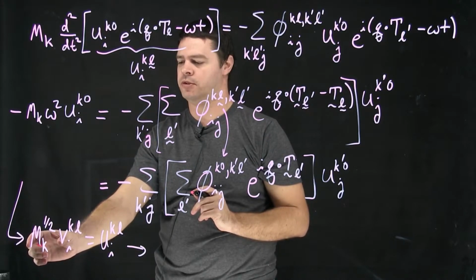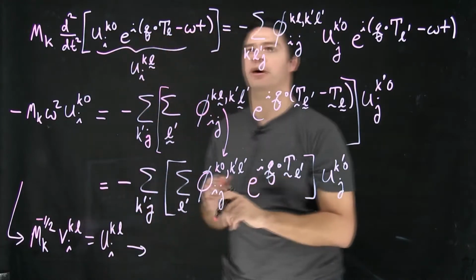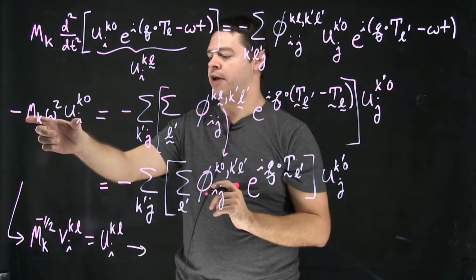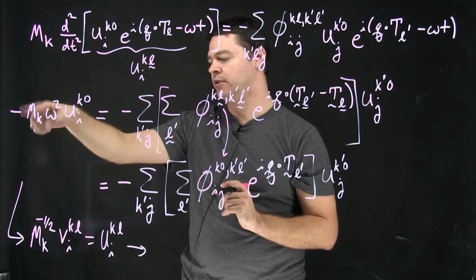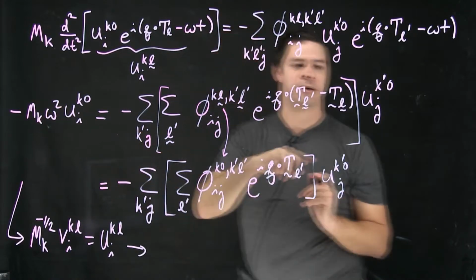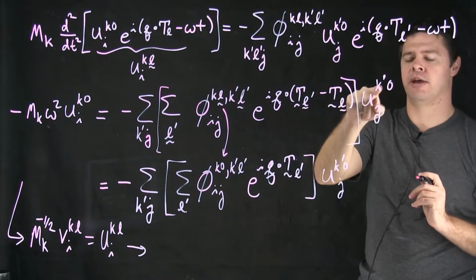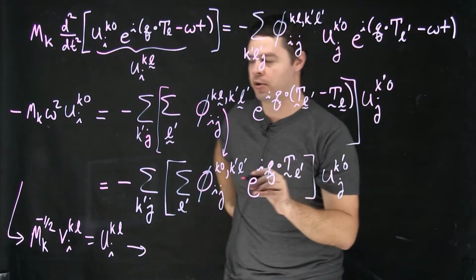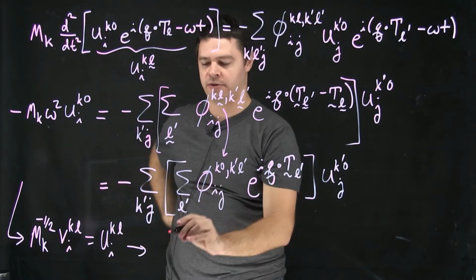This should be minus half. So this will spit out a factor of m_k to the minus half, which will turn this into m_k to the half. This portion will put out something that looks like m_k to the minus half, or m_k prime to the minus half, and it basically makes this equation symmetric. So the two minus signs cancel over here.